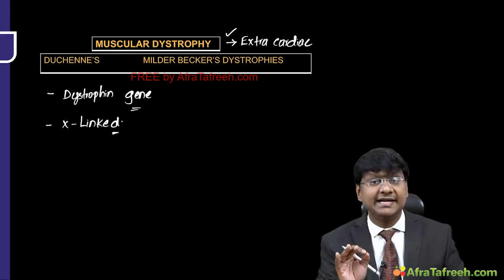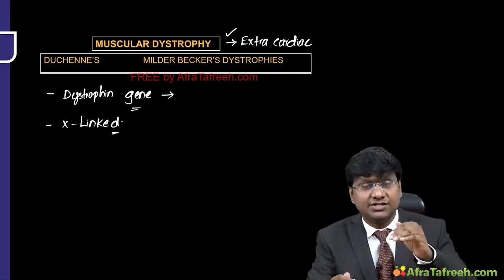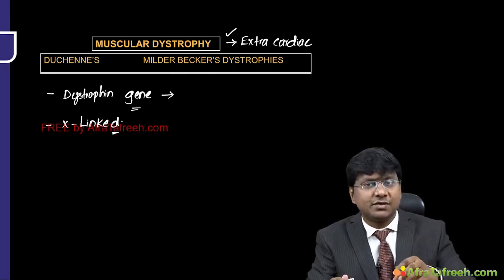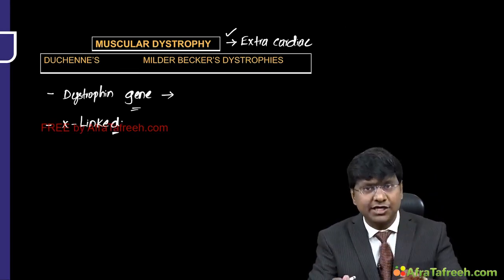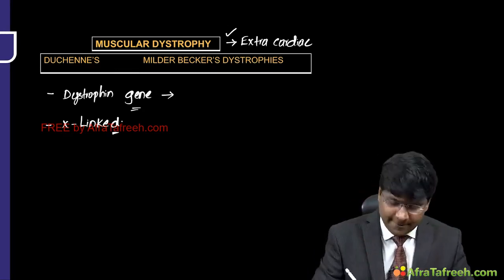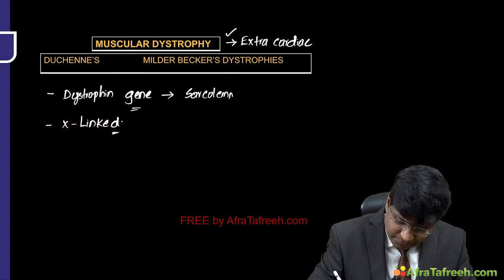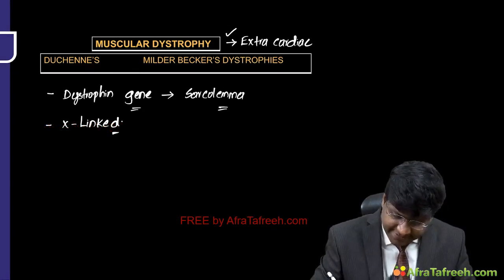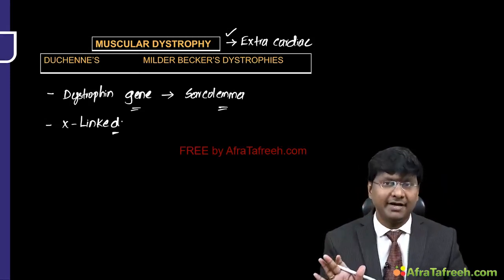The gene required for the synthesis of the dystrophin protein is the dystrophin gene, and this dystrophin protein is present within the sarcolemma, the sarcolemmal membrane.